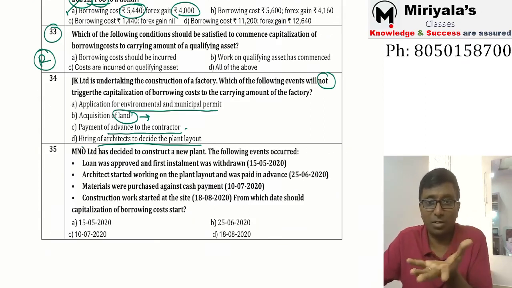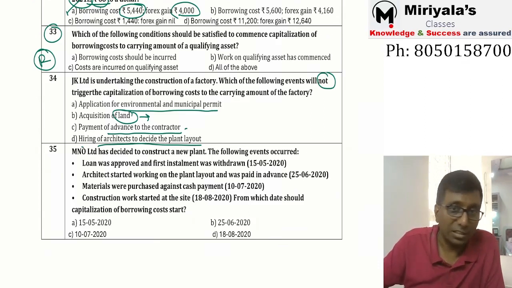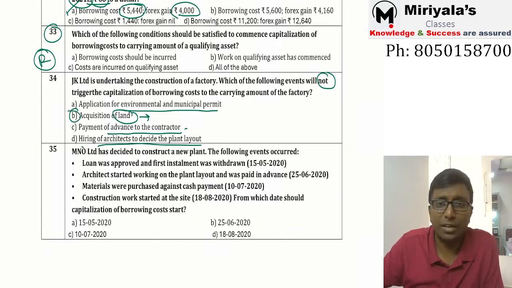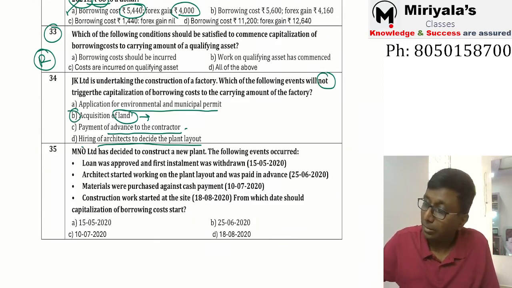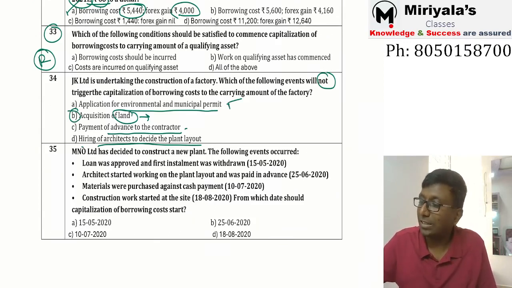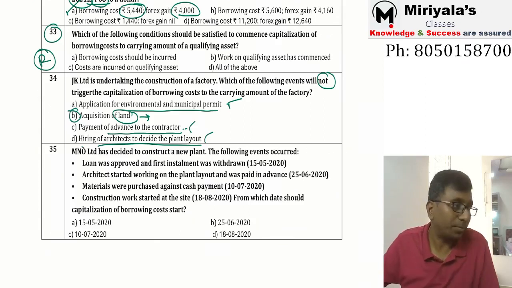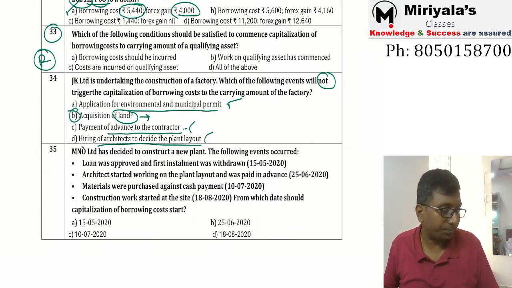Sir, I purchase some hill only, I have to make it flat and ready for use. Otherwise, land is not at all. Acquisition of land does not trigger, but this is one of the conditions for starting the capitalization.